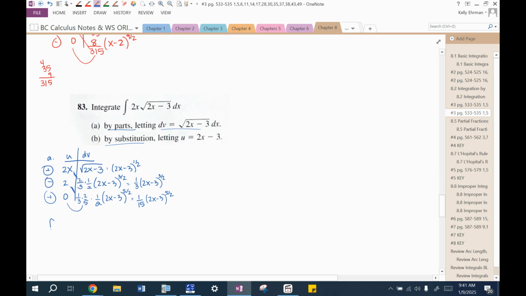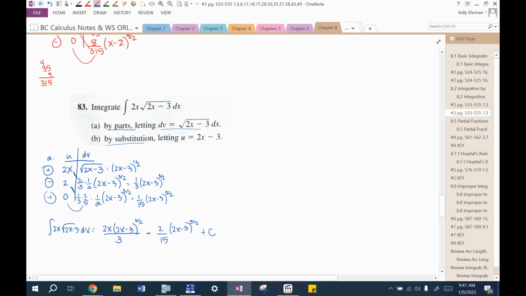So the integral of 2x radical 2x minus 3 dx comes out to 2x times 2x minus 3 to the 3/2 over 3, minus 2/15 times 2x minus 3 to the 5/2, plus c. Let's see, did I do that when I got this first thing? Yeah, that's what I got.